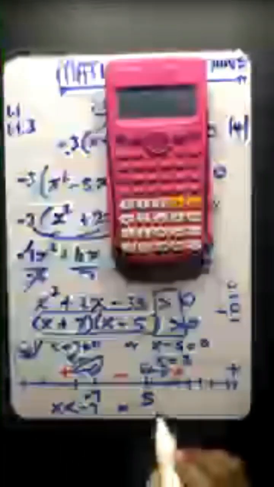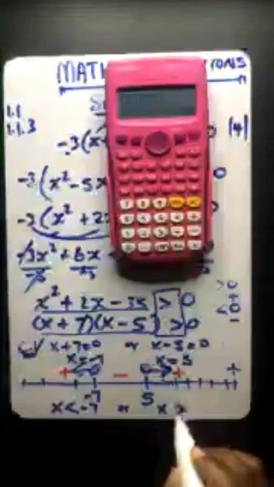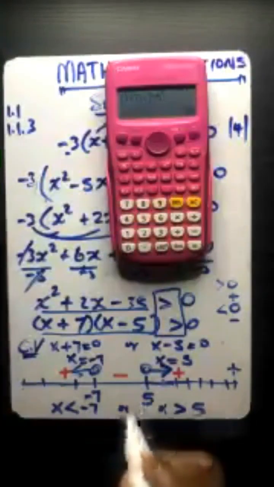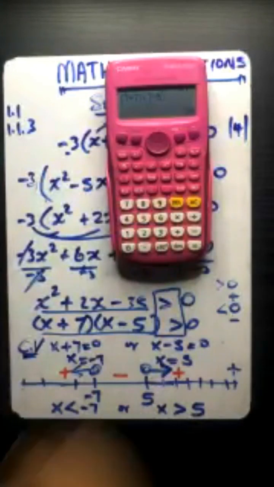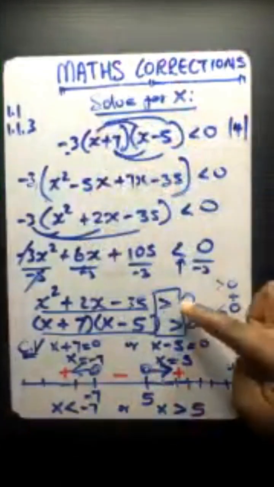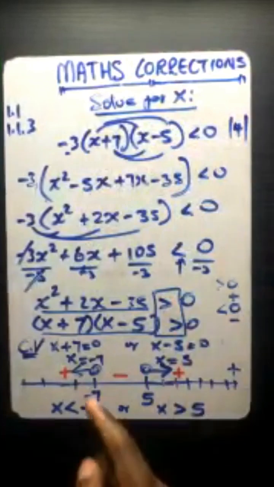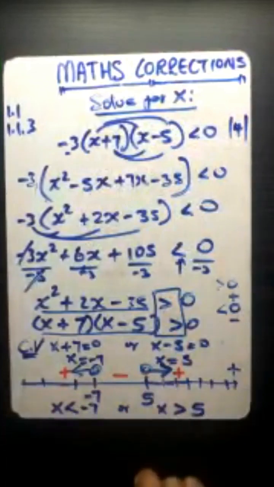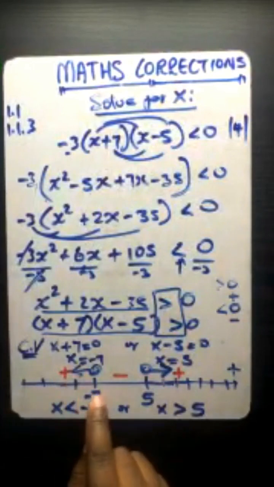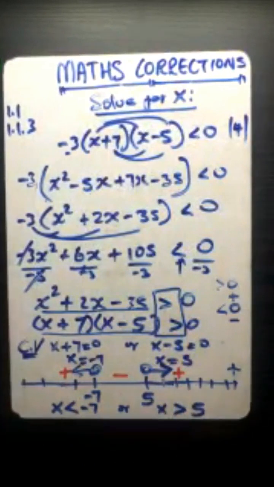Then you have x, you use the sign as it is, and then write the critical value there. That's what I actually wanted to check, because I've taught you this method: when you have a greater than, the arrows point outwards, and when they point outwards, you just say x, that outward, and then that critical value.